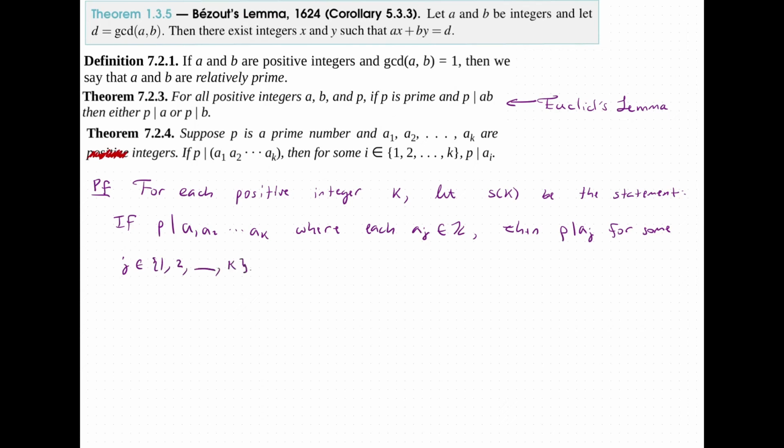And so one of these must be the case. So let's go ahead and do this by induction. So we proceed by induction on k.